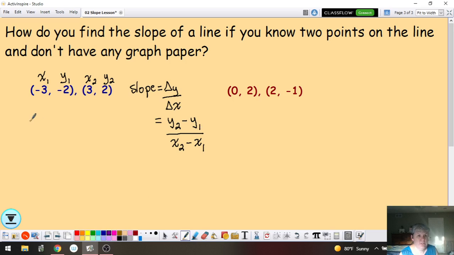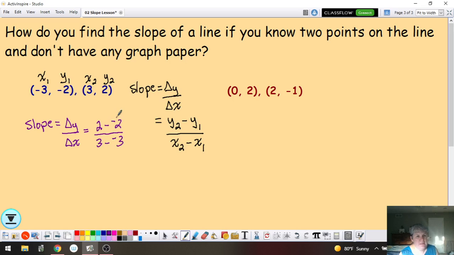So to find my slope for this first set of points, change in y over change in x, that would be 2, subtract a negative 2, over 3, subtract a negative 3.